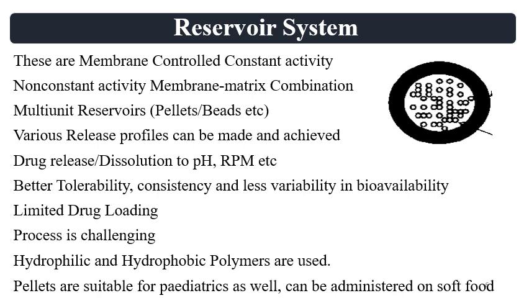And by making different populations of these beads and pellets coated with different coatings and containing different doses of API, you can have different release profiles. So various release profiles can be achieved.